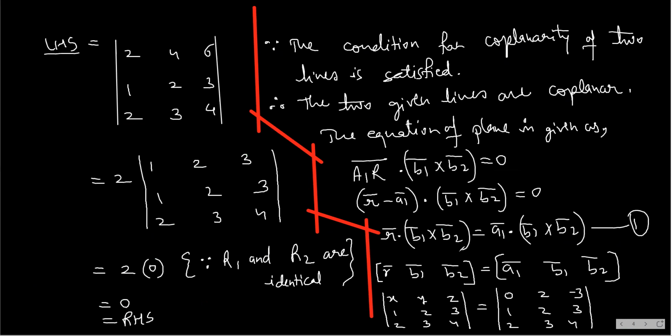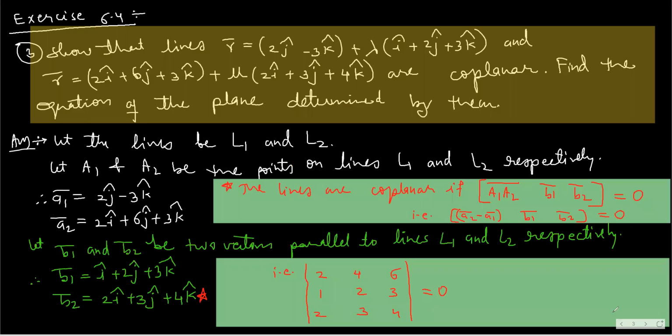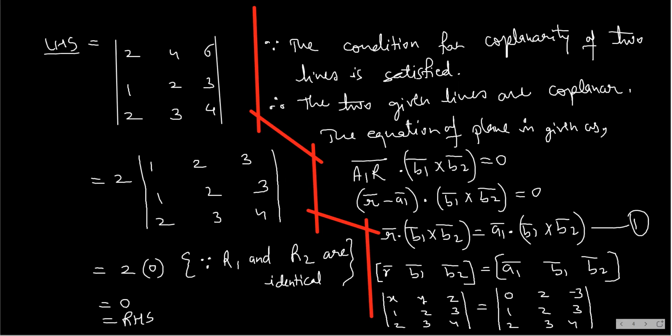Had they asked us the vector equation, we'll not go by this. Instead, we'll find B1 bar cross B2 bar with R bar dot, and get the dot product of these. In the question, had they said anything? Vector, no, nothing. Find the equation, so it can be either way.